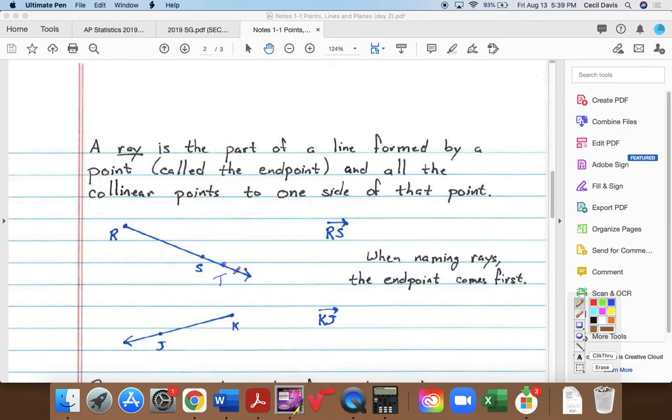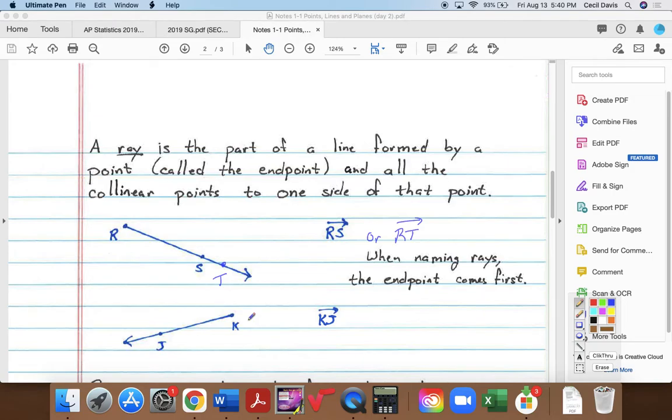I haven't changed this. This says the ray that starts at R and goes through S and then keeps going. Could I call it ray RT? Yep. It's the same set of points. If I start at R and I continue in a line going through T, I'm going to get S also. So either of those is fine.